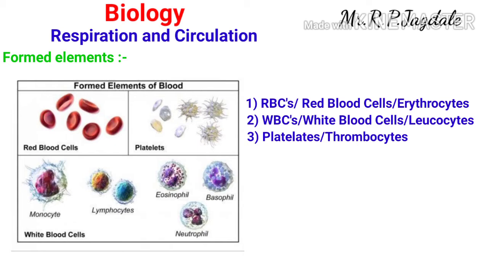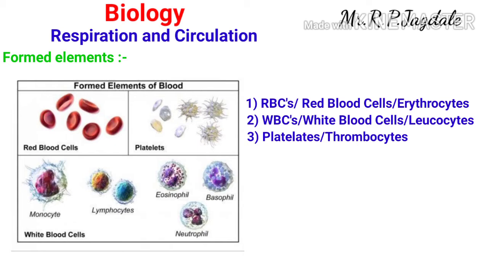RBCs are also called erythrocytes. WBCs are also called leukocytes, and platelets are also called thrombocytes. You can also see on the blood reports the count of RBCs, WBCs and platelets is given there.